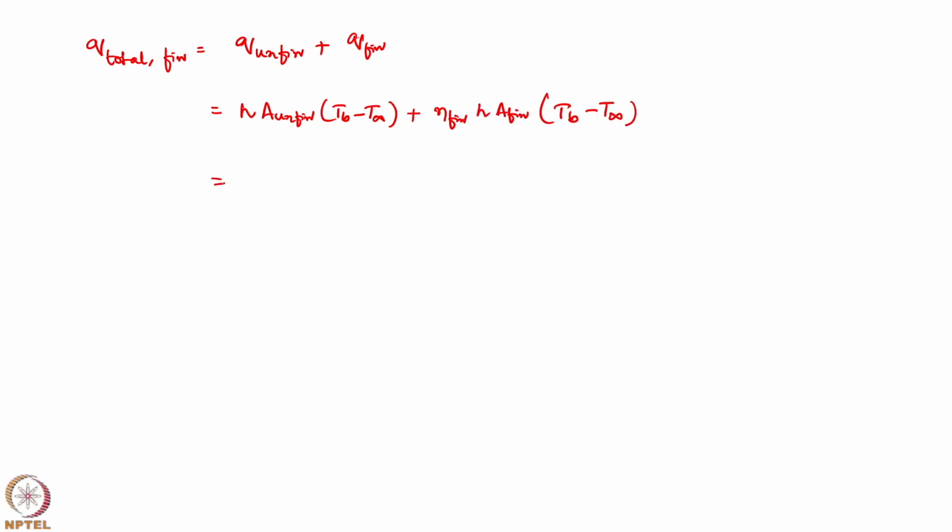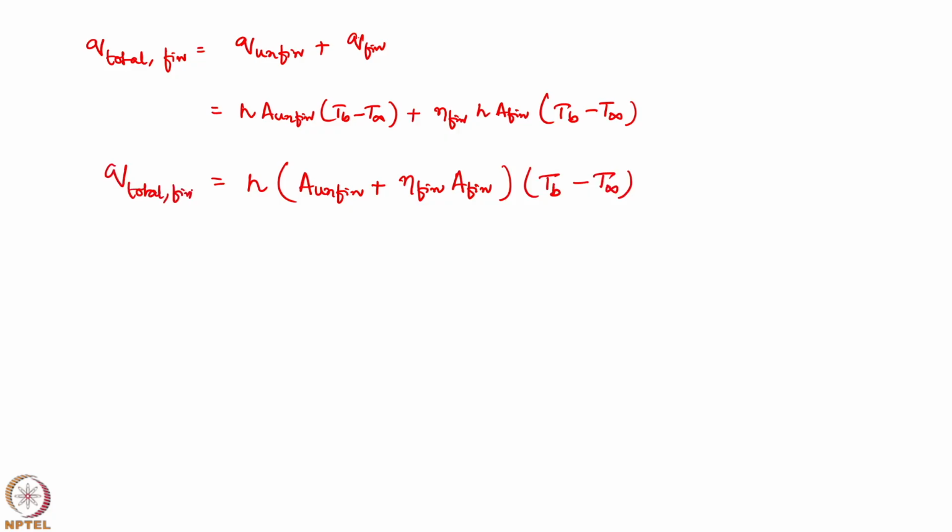Okay. So that is H into area of unfin plus efficiency of the fin into area of the fin into Tb minus T infinity. This is what you get as Q total fin.